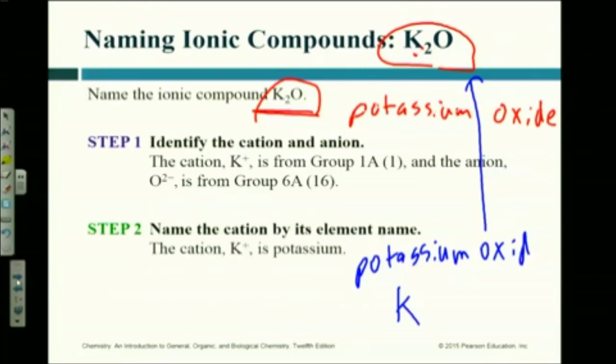So this is K+. And what's oxide? O2-. So from this, if you do the cross, you should get that. So you should be able to go from the formula to the name and from the name back to the formula.